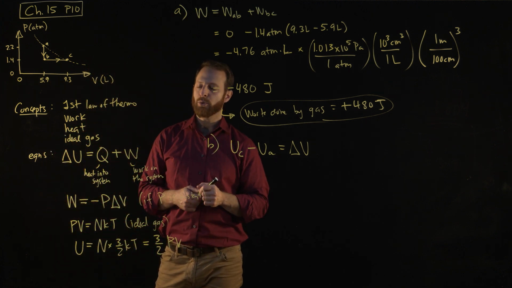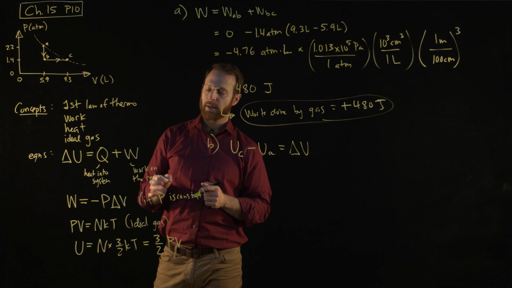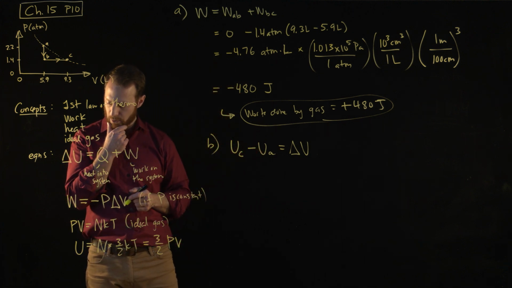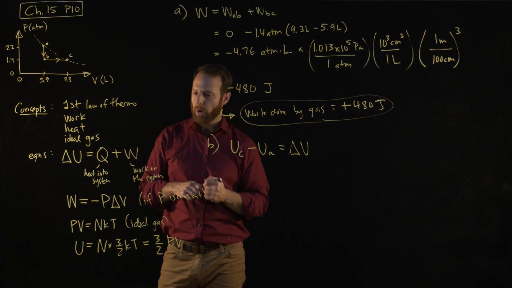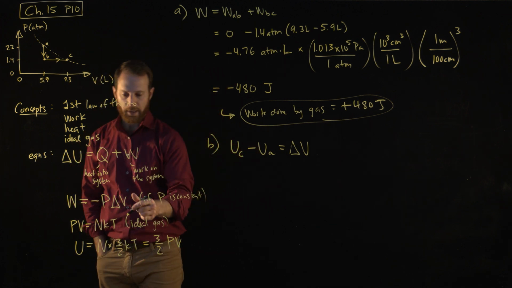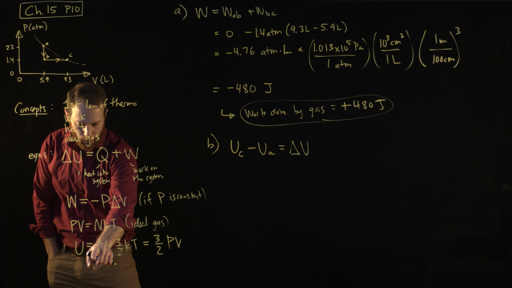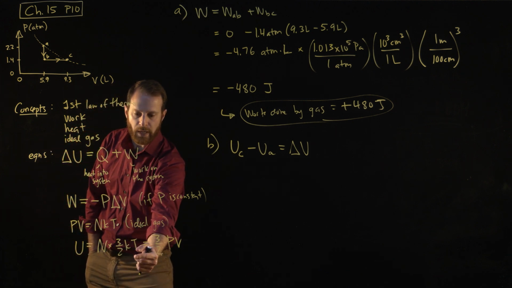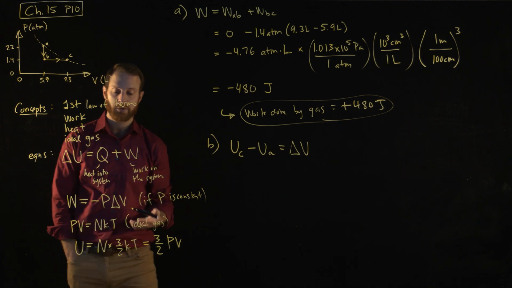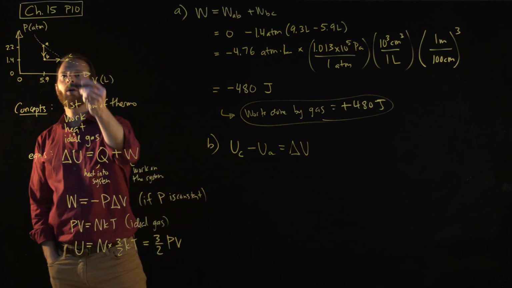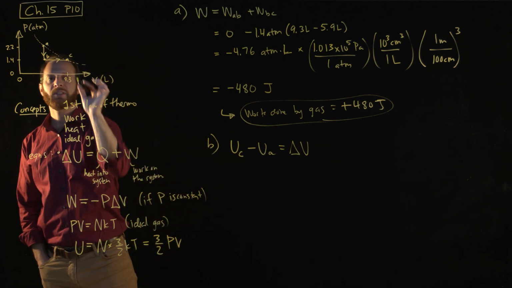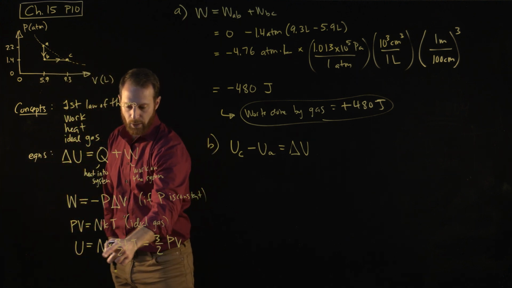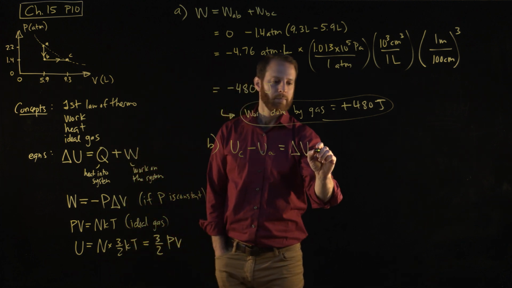If I can convince you that the internal energy is the same at point A and C, then you'll realize that there is no change. So how can I prove that to you? Looking down here, remembering that the internal energy is proportional to the temperature, assuming that the number of particles is fixed, when you recall that points A and C are at the same temperature, that means that everything is the same.